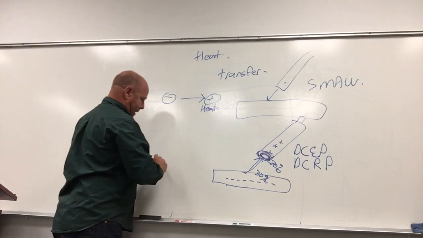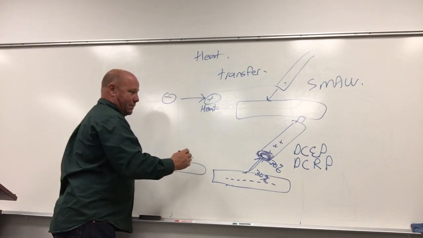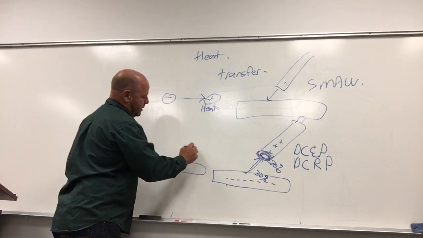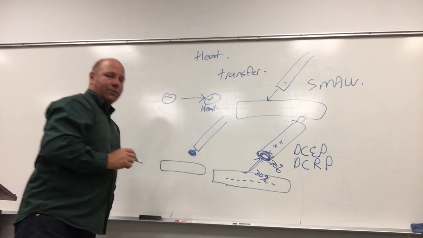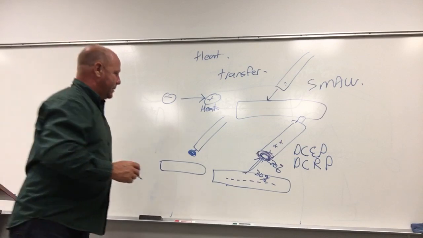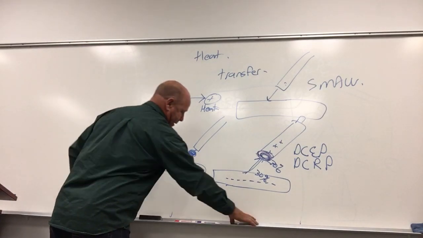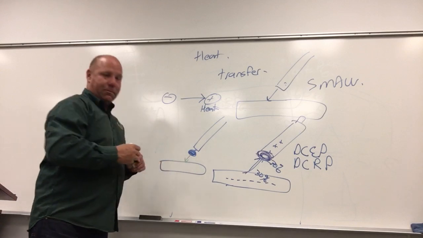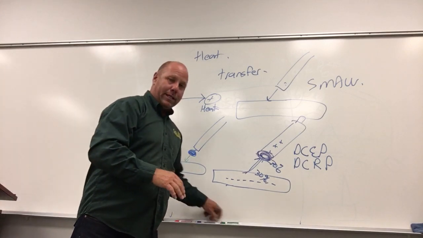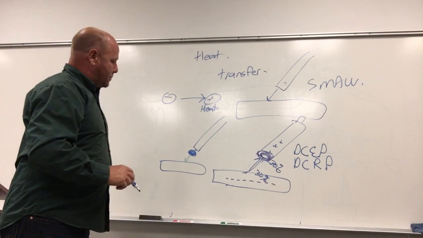The tip of this electrode then becomes a ball, and it desires to separate itself from the rest of the electrode. Magnetic forces are now pulling this electrode into the puddle. Magnetism is pulling this tip of this electrode into this puddle.